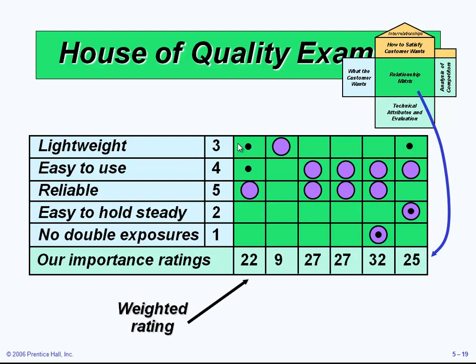Then we can calculate our weighted rating, assuming that low relation is 1, medium is 3, and high is 5. Then we can say that for the first column, 3 times 1, that's the importance. So it's 3 times 1 plus 4 times 1 plus 5 times 3. So 5 times 3 is 15, plus 4 is 19, plus 3 is 22, and that's column 1.